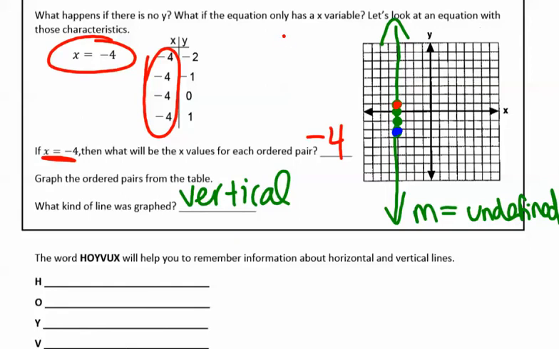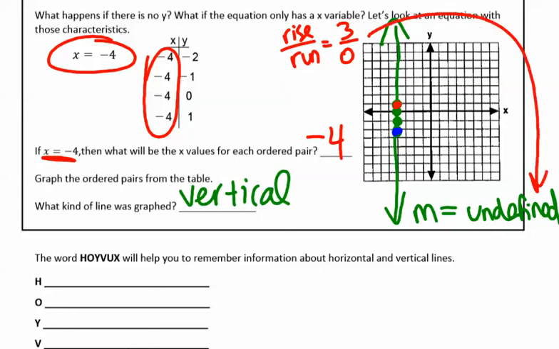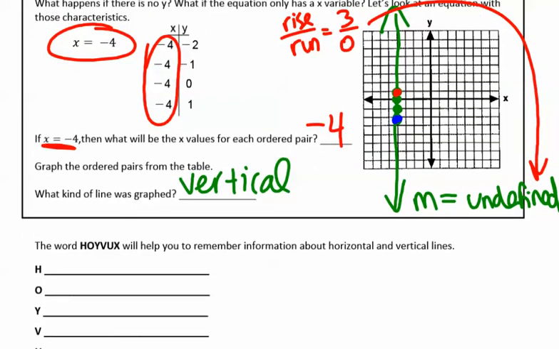So my rise over run, let's say to get from the blue to the red, we're going to go up 3 to get to the red, but then we're not going to run. We're not moving right or left. Now remember, when we have a number over 0, that is undefined. So it works out. Okay, so when it's x equals a number and there's no y, we get a vertical line.